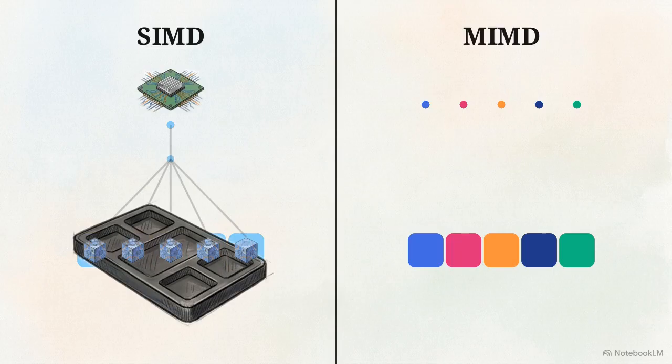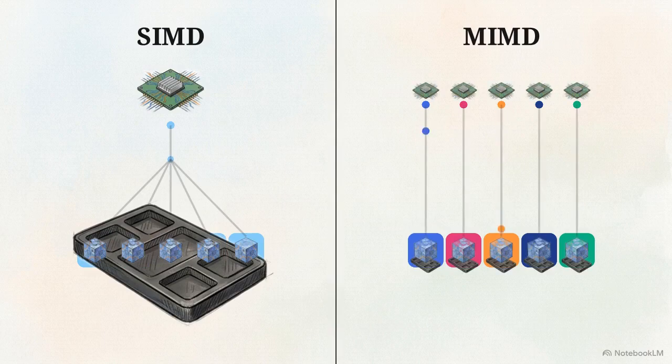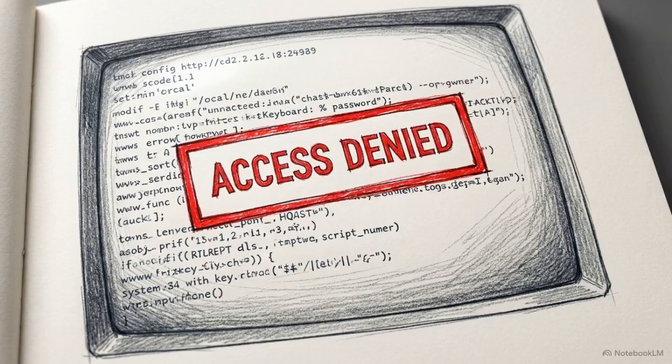To manage this, hardware relies on specific execution topologies. Architectures like SIMD, single instruction multiple data, apply the exact same operation across many data points at once, while MIMD allows separate processors to run different instructions simultaneously. Both process data differently than a solitary CPU. This creates a modern engineering mandate.